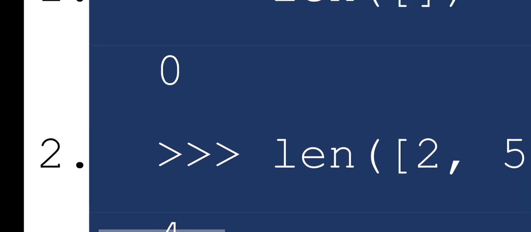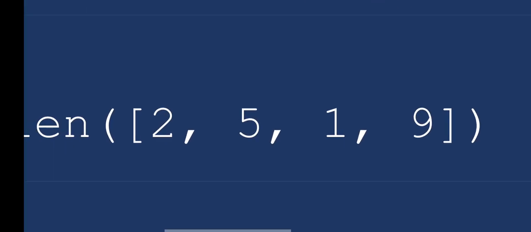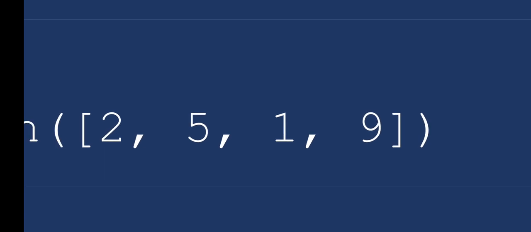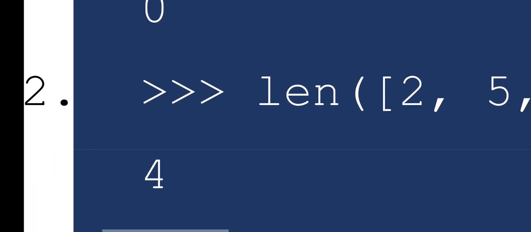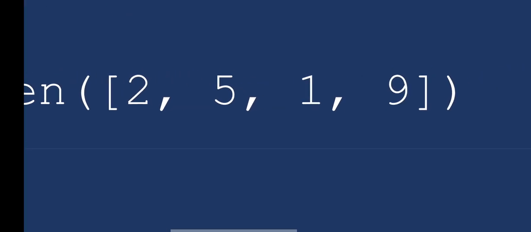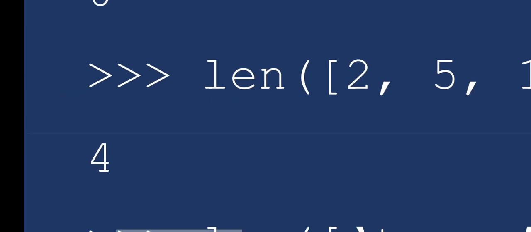Example 2: len, pass to it as an argument a list of 2, 5, 1, 9, and the output is 4, indicating that there are 4 elements in the list given to it as an argument.